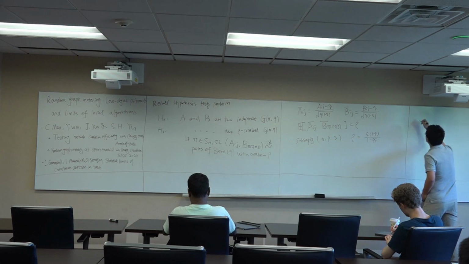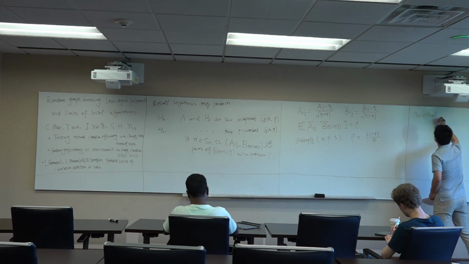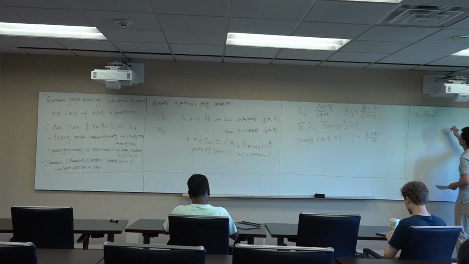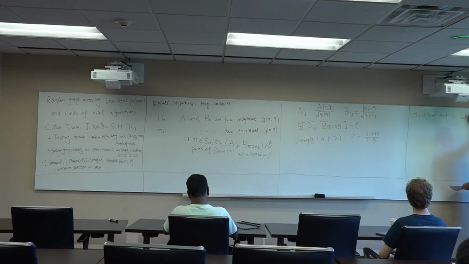So that's the problem. If you have this hypothesis testing problem, like in the estimation problem where we start with maximum likelihood estimation, here we can also start with the optimal test, which is given by the likelihood ratio test.